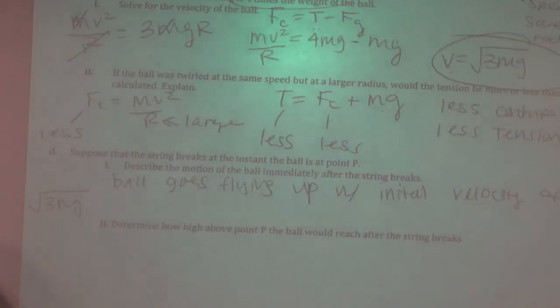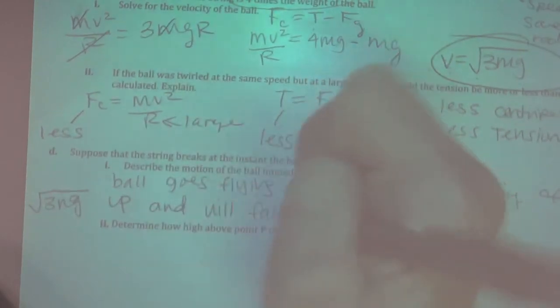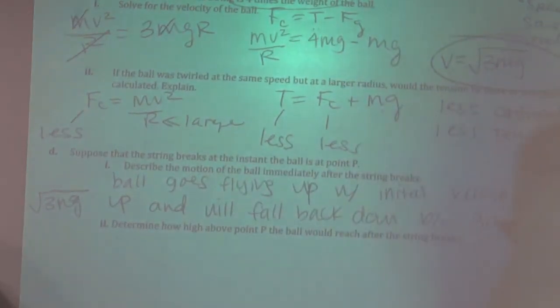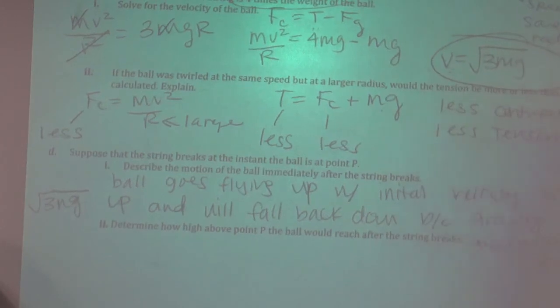So we calculated the velocity at point Q, but it's constant speed, so that's also my speed at point P. So it'll go up with some initial velocity of square root of 3gr up and will fall back down because gravity accelerates it down. Pardon my terrible handwriting on this.